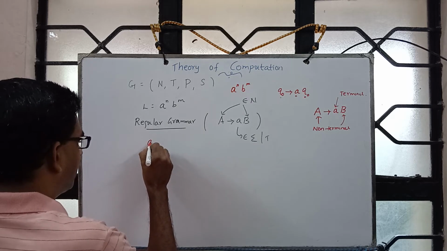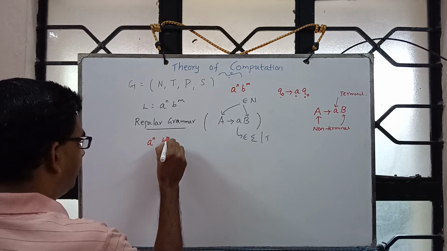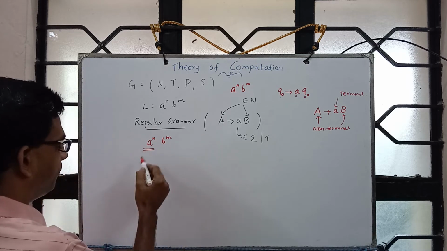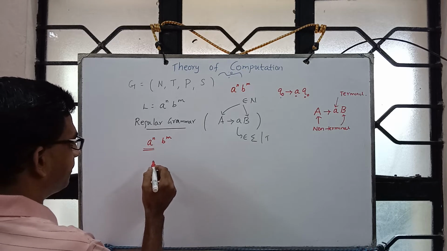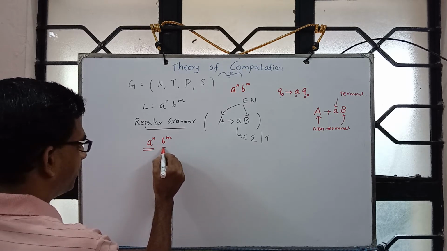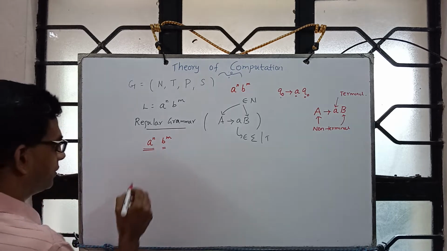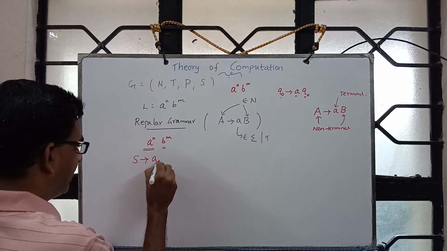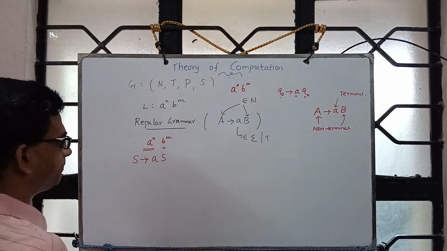If you look at any string, one has to pump so many A's followed by so many B's. So what I do, I start with a symbol S. I say S implies AS.